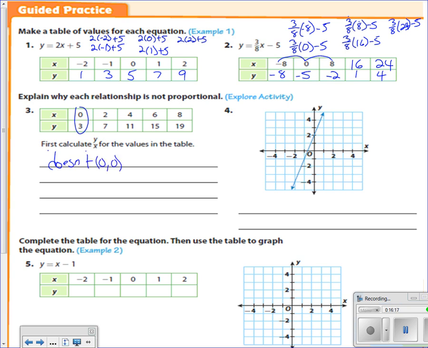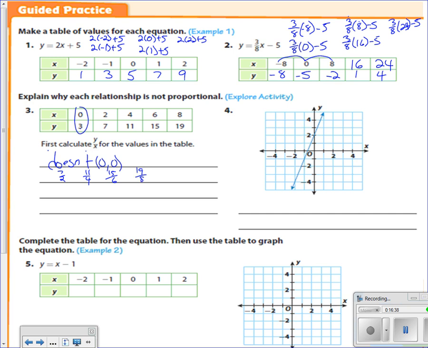Okay, it says first calculate y over x for that. So, let's go ahead and do that. I know we did it second, but 3 over 0, that's just divide by 0. So 7 over 2, 11 over 4, 15 over 6, 19 over 8.